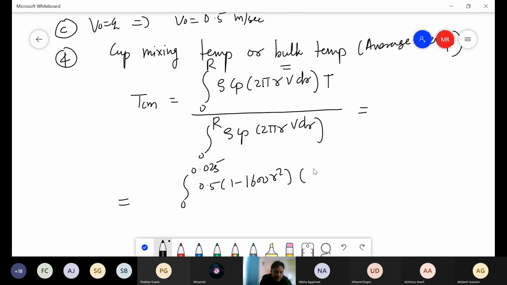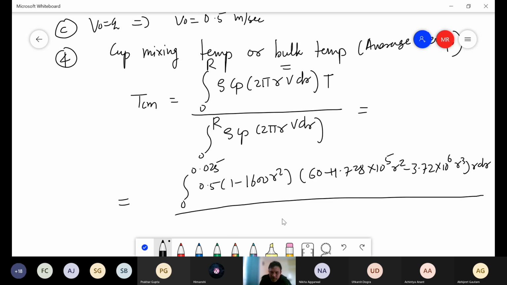The expression for temperature we can write again as 60 plus 1.728 into 10 raised to power 5 r square minus 3.72 into 10 power 6 r cube, into r dr. This will be the numerator. The denominator will be again the integral from 0 to 0.025 of 0.5 times (1 minus 1600 r square) r dr.